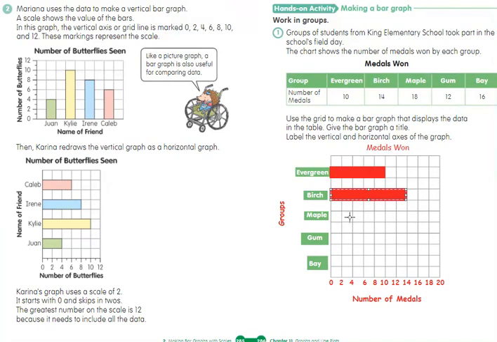So about there. Maple went up to 18. Gum went up to 12, and Bay went up to 16. So there's our bar graph.